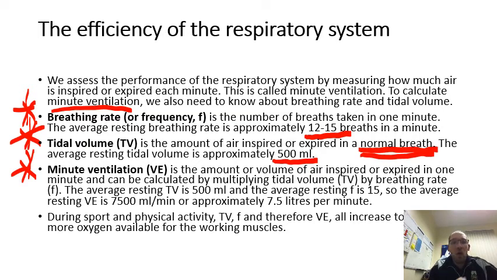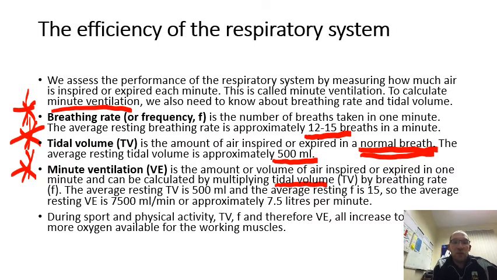Now, minute ventilation is the amount or volume of air inspired or expired in 1 minute, and can be calculated by multiplying tidal volume by breathing rate. The average resting tidal volume is 500 millilitres, and the average resting breathing rate is 15.